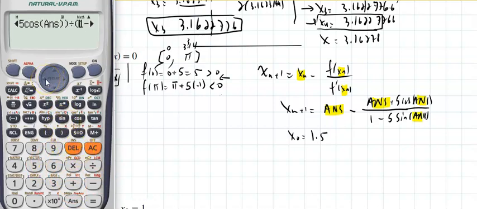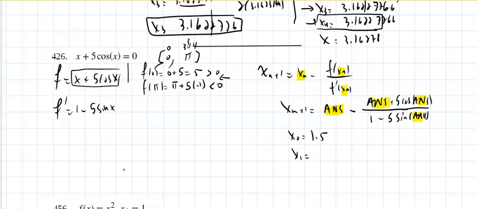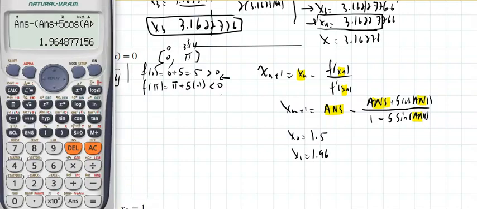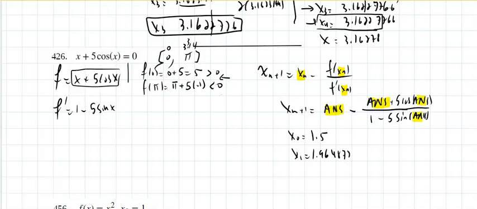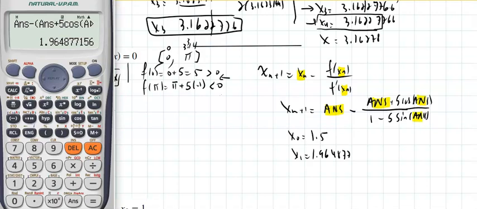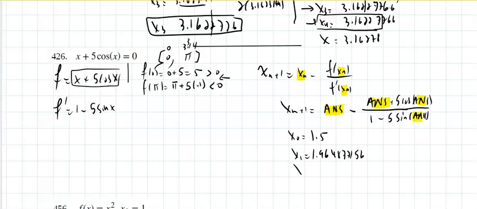Make sure everything's proper. Yeah. Hit equal. That's my second x. 1.96... 4877156. I want this accurate to 6 decimal places.